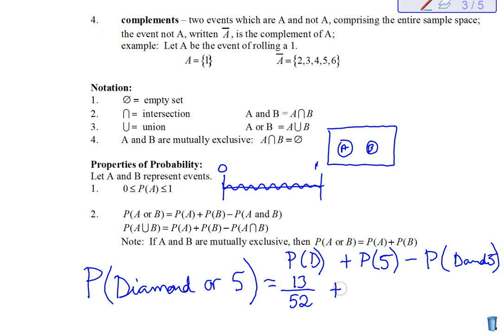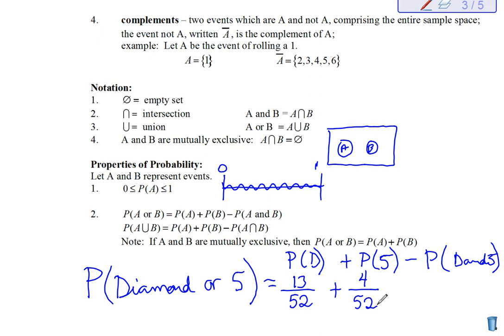Or I want a 5. So I'm going to draw for a 5. The probability of getting a 5 is there's 4 5s in the deck out of 52. The reason that this rule has to be applied, it has to be applied if A and B are not mutually exclusive. And so here's the problem.